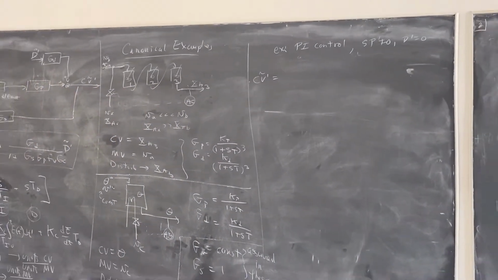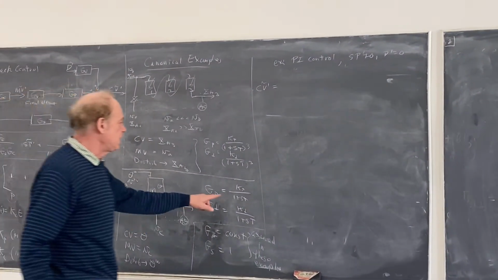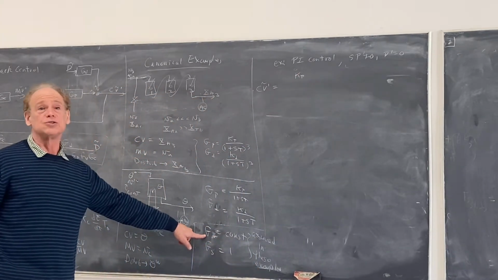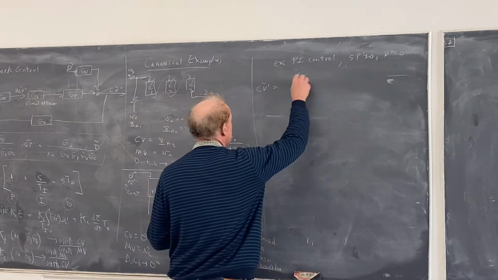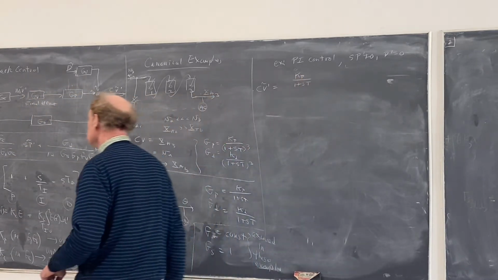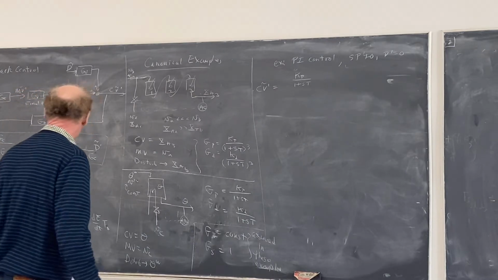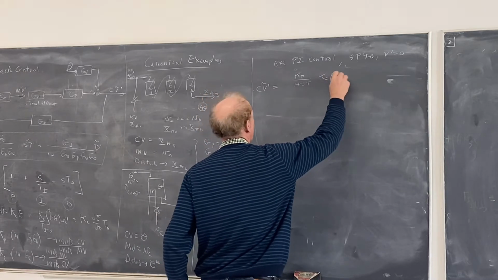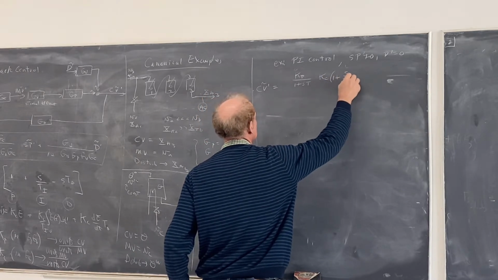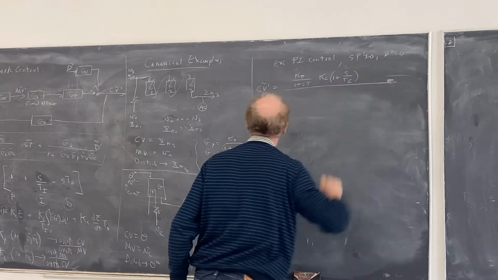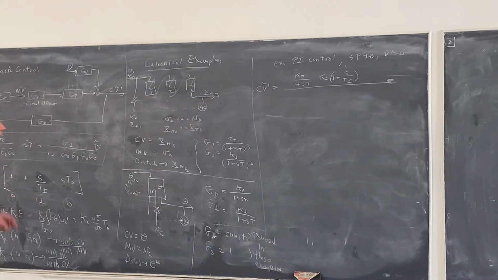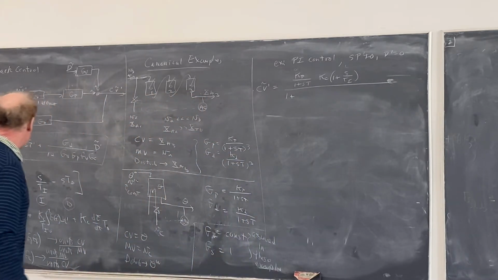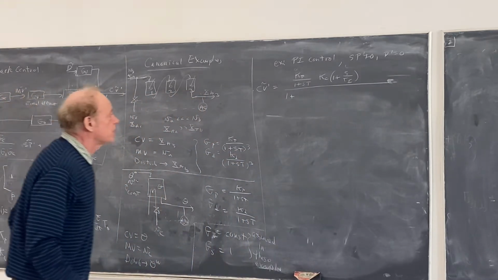That's GP, GV, GC. Okay, GP is KP, and GV I just assume this constant is 1. So GP, GV is just KP over 1 plus ST. GC for proportional integral is KC times 1 plus S over Ti, divided by 1 plus GS, which is 1, GV is 1, and GP, GC is whatever I had up here.